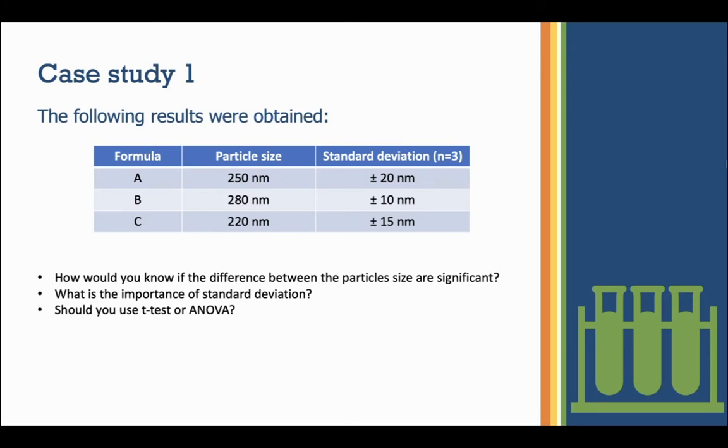Okay, so it is very important in a formulation to have a formula that is consistent. Okay, so a smaller standard deviation will tell us that the components of the formula are stable, okay, and will produce a consistent product.